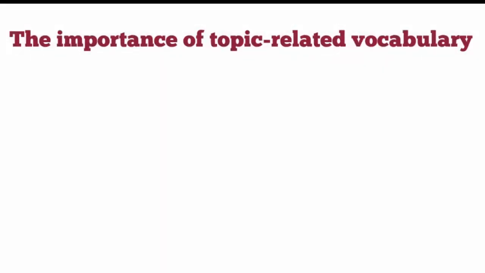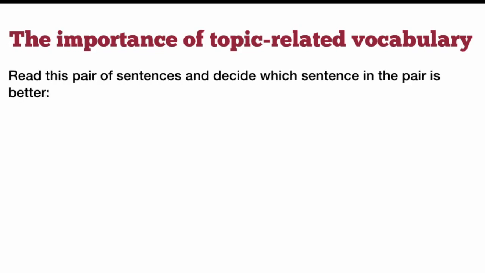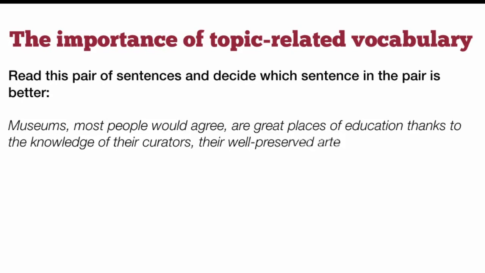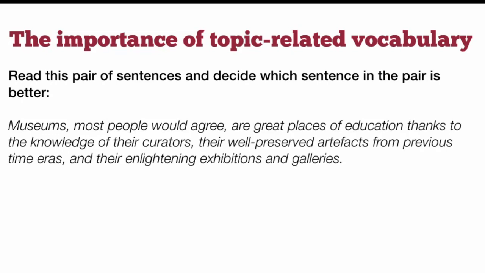So to illustrate the importance of this topic-related vocabulary, we're going to look at two sentences. Now, I want you to read this pair of sentences and decide for yourself which sentence in the pair is better. So the first sentence here, museums, most people would agree, are great places of education thanks to the knowledge of their curators, their well-preserved artifacts from previous time eras, and their enlightening exhibitions and galleries.